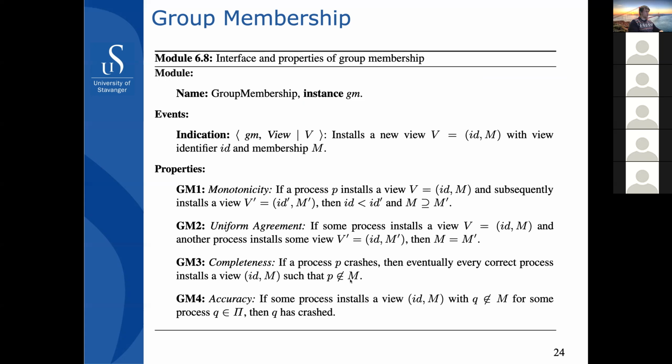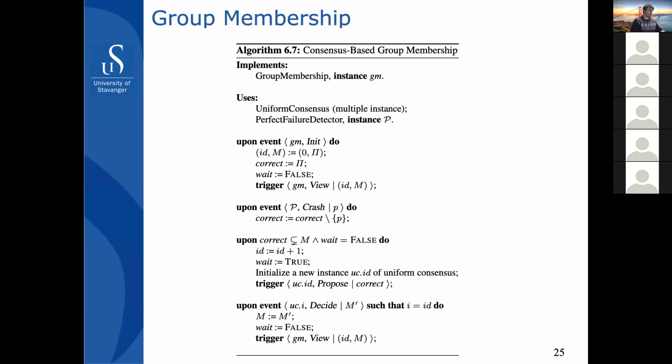And accuracy: if some process installs a view with Q not in the membership, then Q has crashed. Those are the two properties that we will see here in the algorithm.